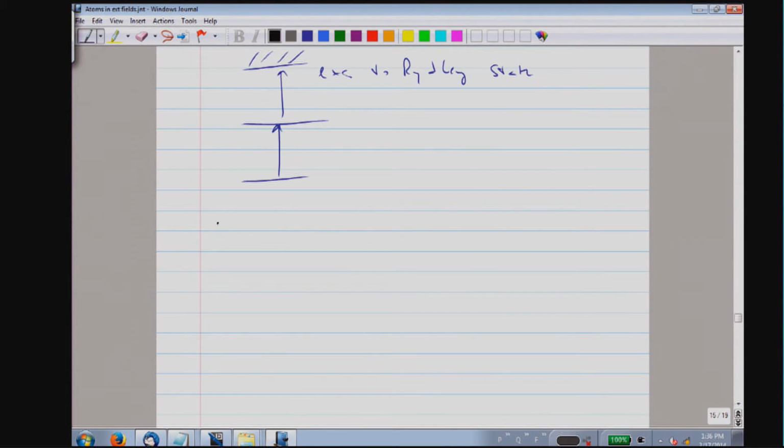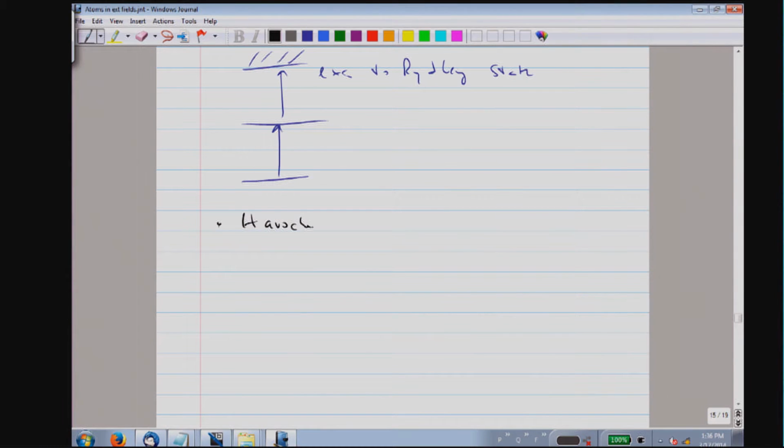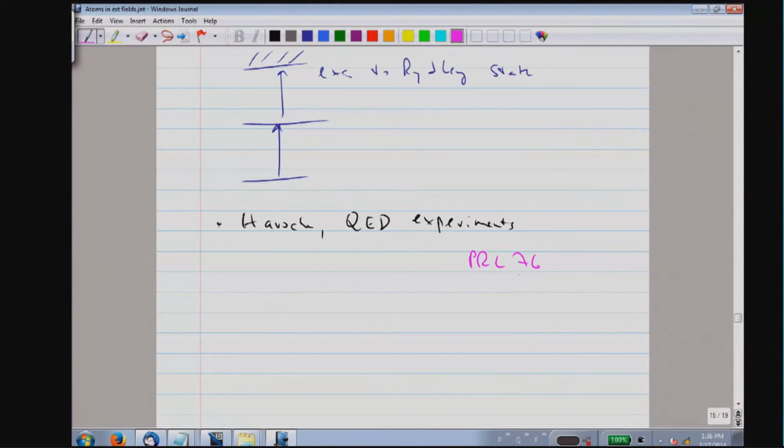I also want to briefly mention that the famous experiments on Rydberg atoms by Herbert Walther and Serge Haroche and collaborators would not have been possible without field ionization. I give you one reference, but I'm sure you can find more in the actually very nicely written Nobel lecture of Serge Haroche.